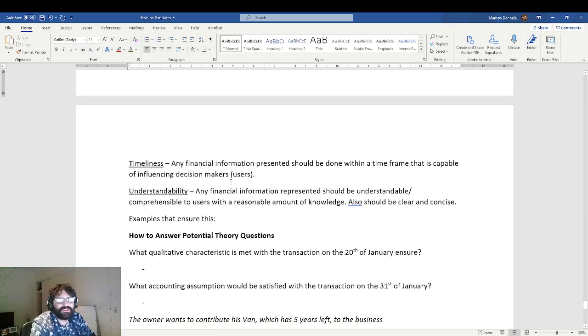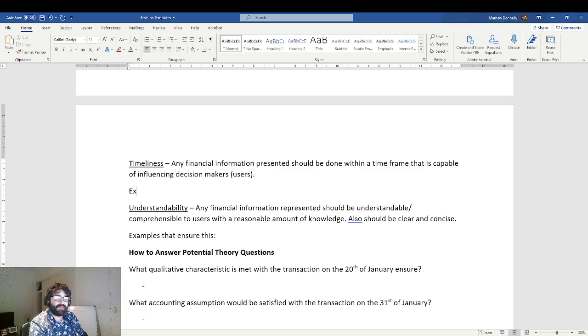Next, we have timeliness. Any financial information presented should be done within a time frame that is capable of influencing decision makers or users. The best example I can think of to ensure this is budgets, or comparison reports.